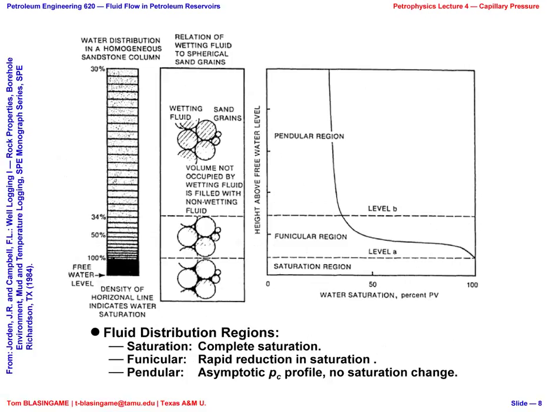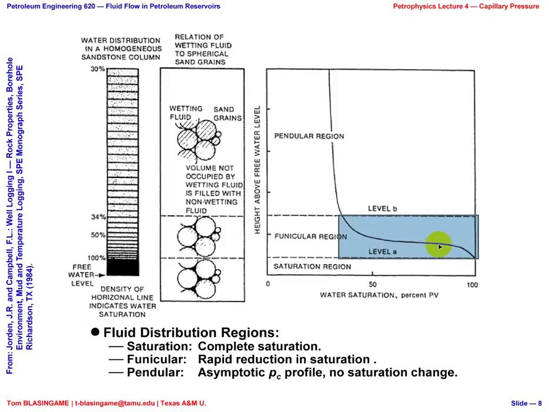Now these are some definitions, and you don't have to take them for anything other than that, but this is a demonstration. If we had a sand pack, this is a height above the free water. The free water is here. As you can see, this is 100% water. And then there's a region called the funicular region, where there's a rapid change in saturation with very little change in height.